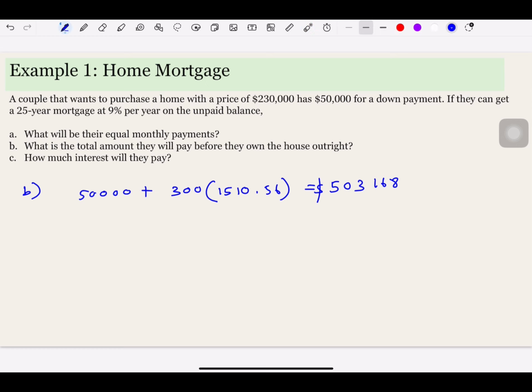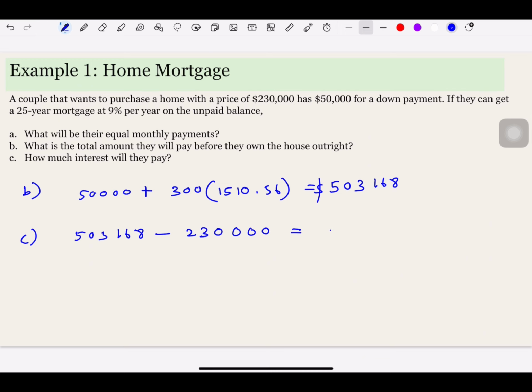And last part, you have to calculate how much interest they will pay. The total interest is the total amount paid minus the price of the house. So the total interest is going to be $503,168 minus the house, which is $230,000.